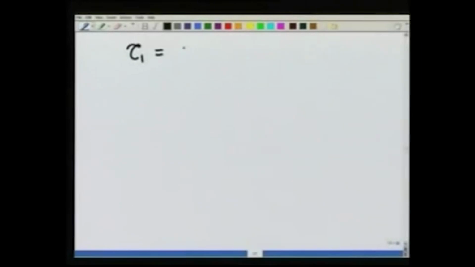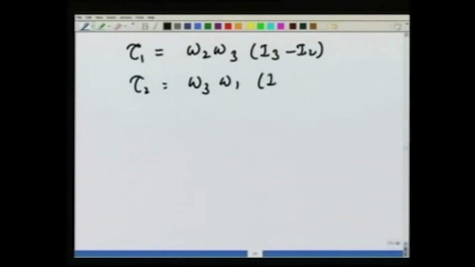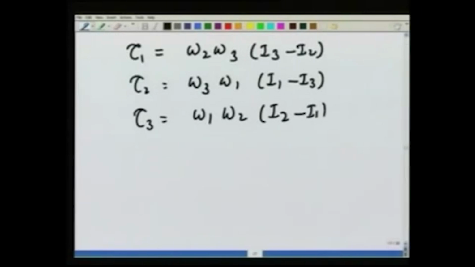Let us now see how I get the same answer, instead of using these horizontal components, from the general expression which told me that tau 1 is equal to, only by pure rotation, omega 2 omega 3 times I3 minus I2. Tau 2 is omega 3 omega 1 times I1 minus I3, and tau 3 is equal to omega 1 omega 2 times I2 minus I1.